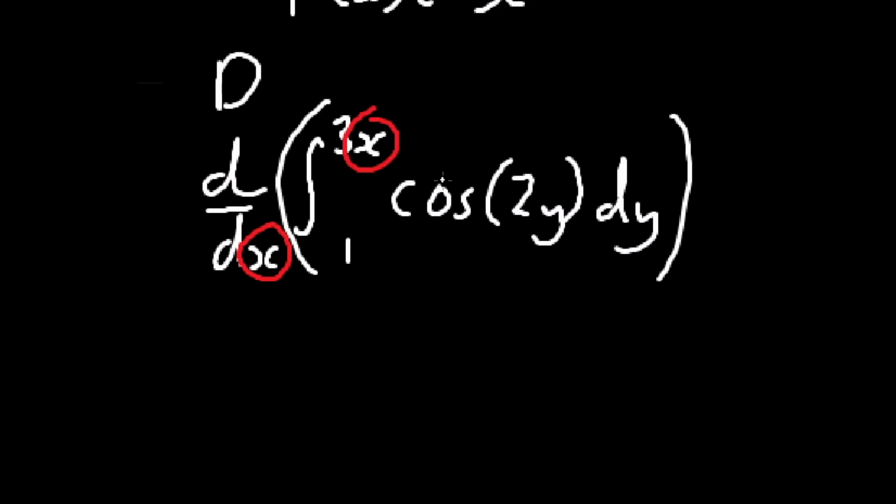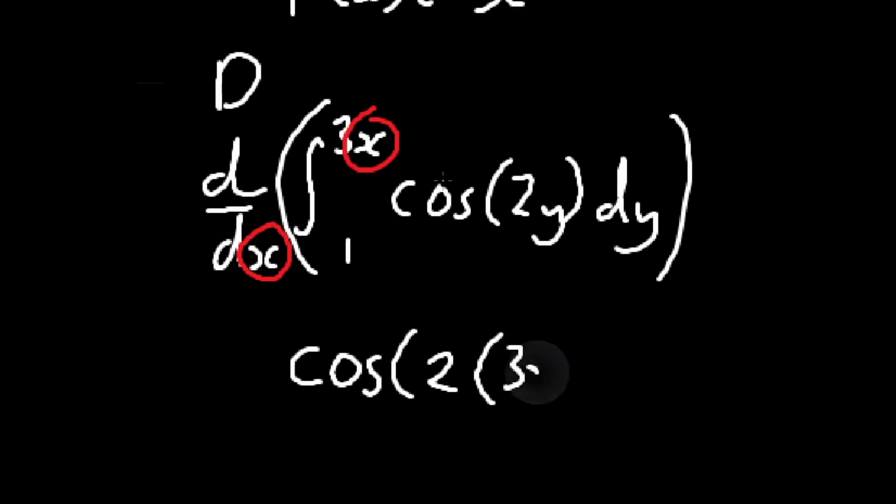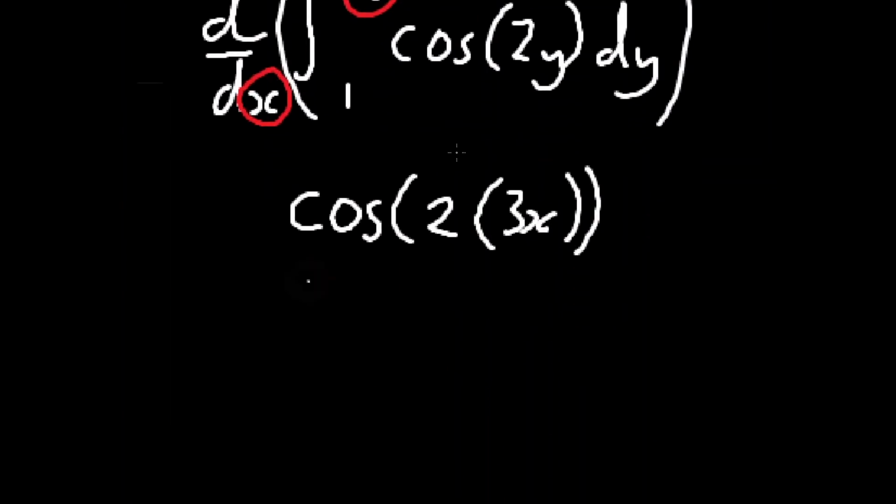So basically what we can do is write out the whole thing here, that cos starts off with being cos, and then whenever we see a y, we're going to substitute 3x in there. But now it's a function within a function. So we're going to have to differentiate this value that we found, this value of cos 6x. The thing that we're differentiating here is that additional 3 that's appeared.